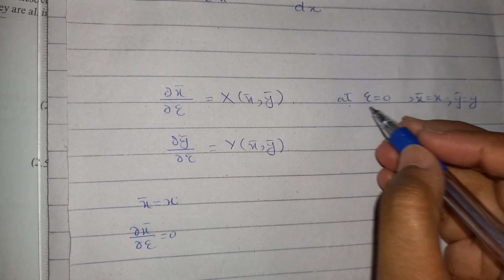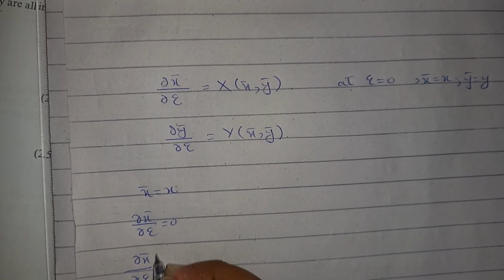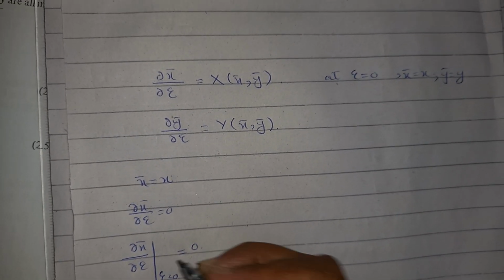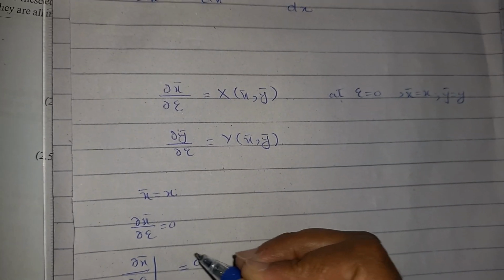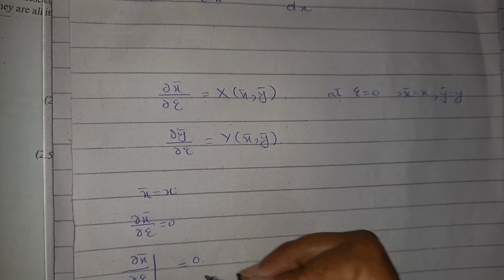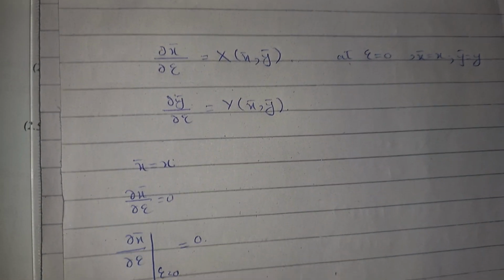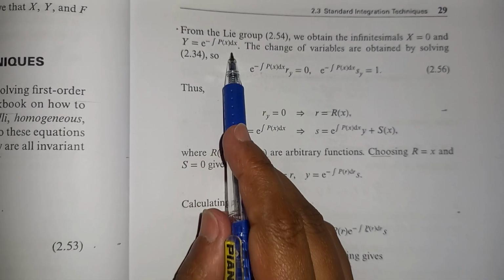But the condition is that at ε equal to 0, ∂x̄/∂ε will be equal to definitely 0, because here we don't have any value, and if we have any value in terms of x̄ and ȳ, then we will just replace it by x and y. In this way we will get capital X is equal to 0. In the similar way, students, you can find the value of capital Y.